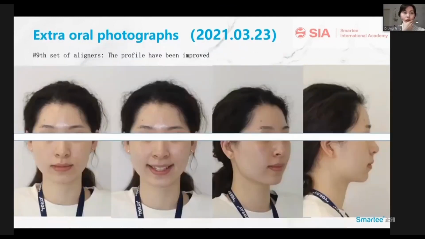Okay, that's a nice set of aligners. The profile has been improved, and the curve of the profile is very beautiful. The lower jaw, the chin point, moved forward significantly.